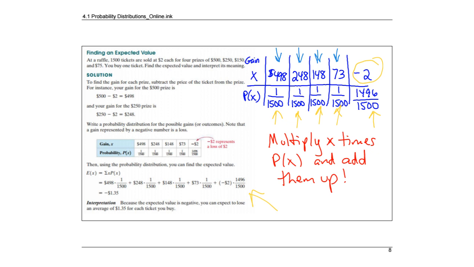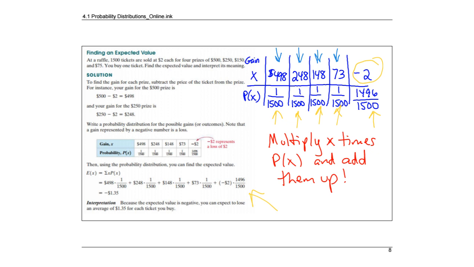So my expected value is that I'm going to lose $1.35. Now, there's no way for me to actually lose $1.35. So what this means is if I did this raffle over and over and over again, I would win some of the time. Most of the time I would lose. And so overall, I would lose $1.35.